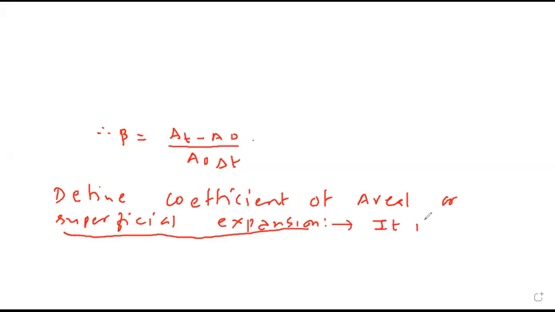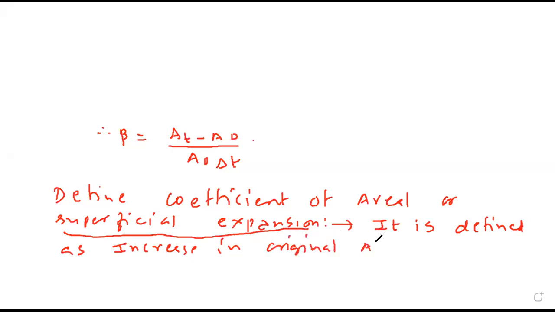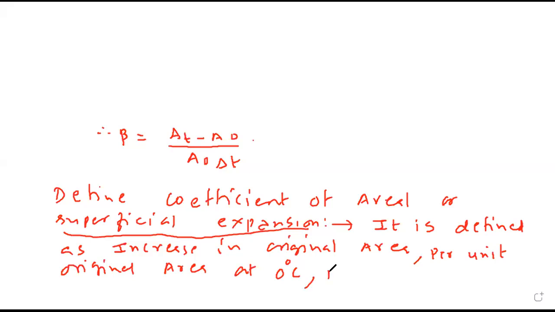So it is defined as increase in original area per unit original area at 0 degrees Celsius per degree rise in temperature.